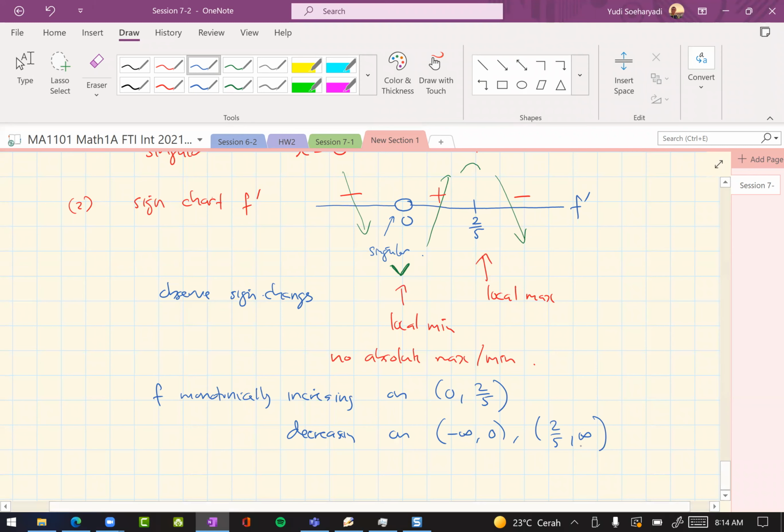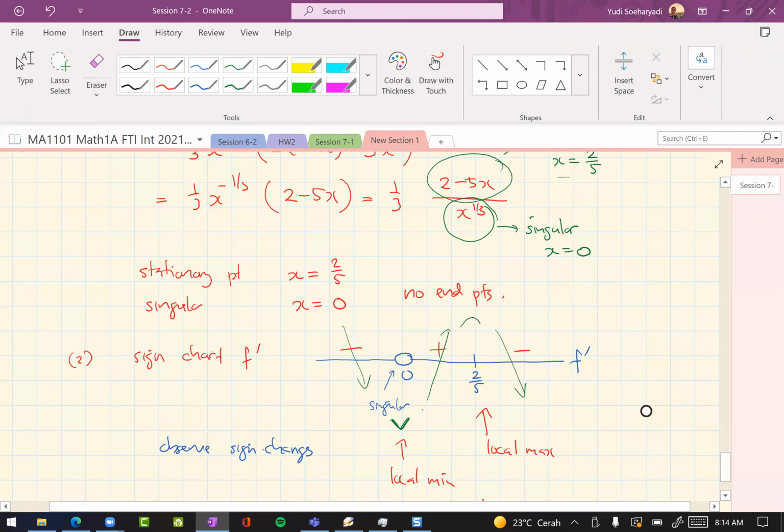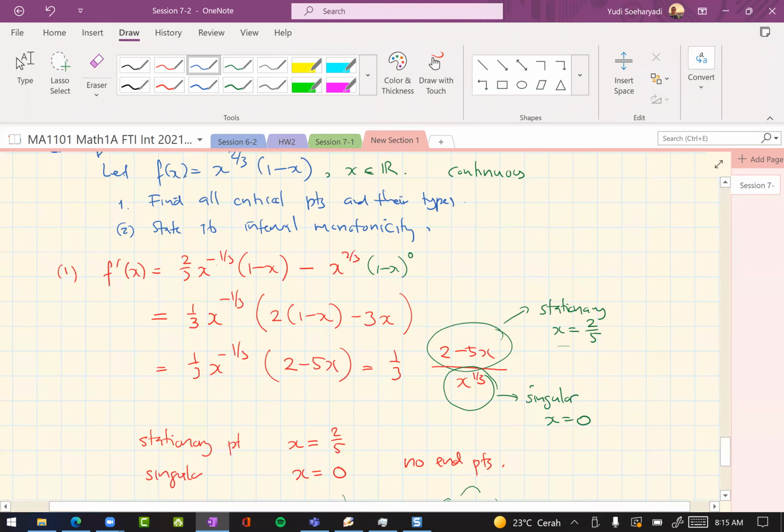Okay, so that's how to deal with this power. Power 2/3 has to do with this computation because it will introduce a singular point.